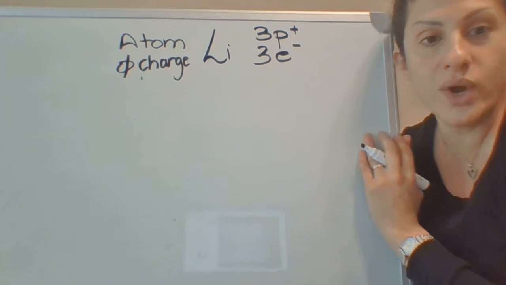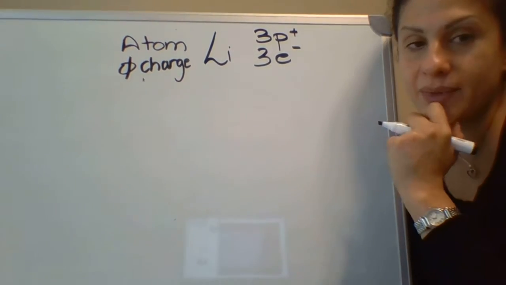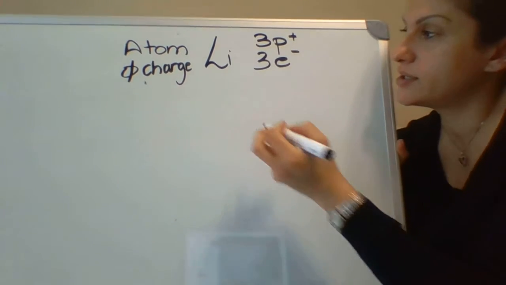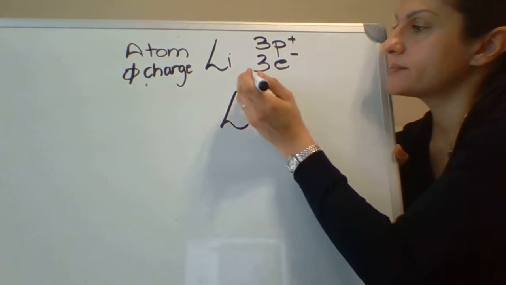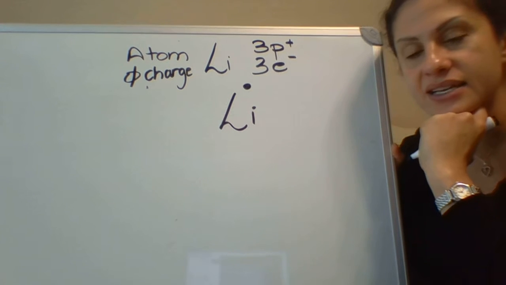Lithium is in which group? Group 1, which means how many valence electrons does lithium have? 1. So if we draw lithium as a Lewis dot, lithium has 1 valence electron.